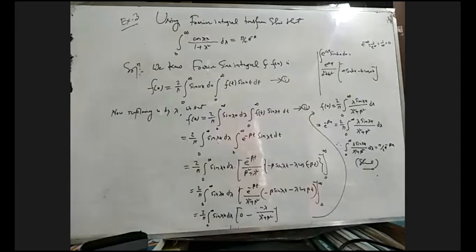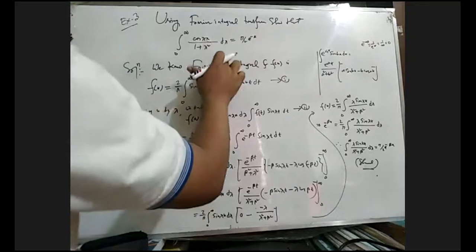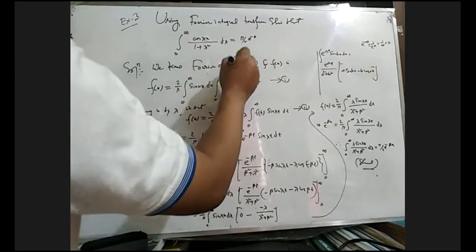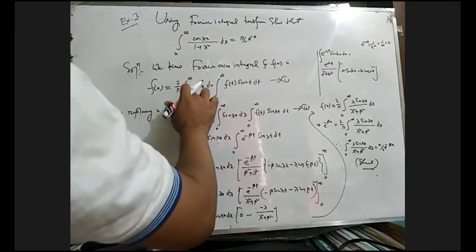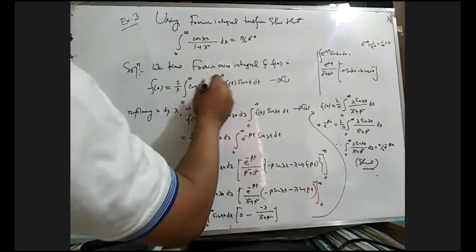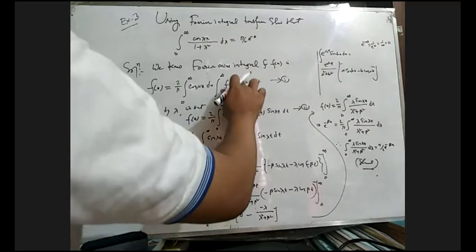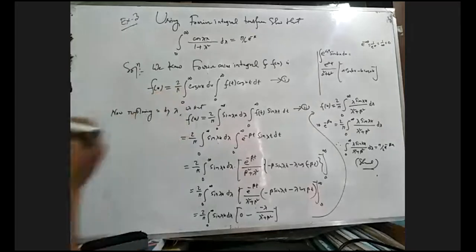Okay, so we know that the Fourier cosine integral for f of x will be cos ut dt.